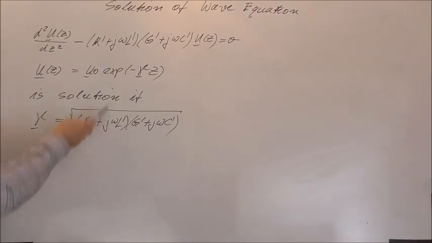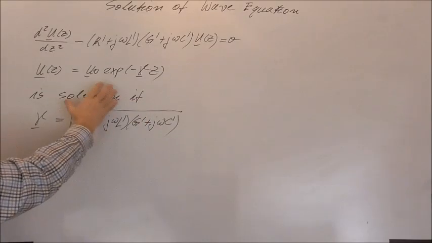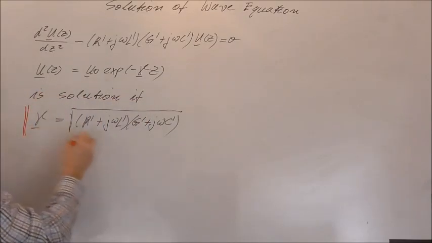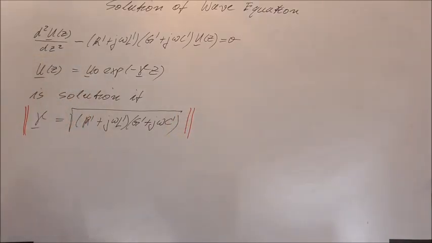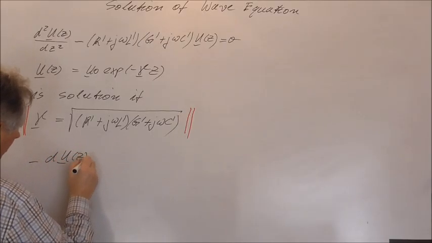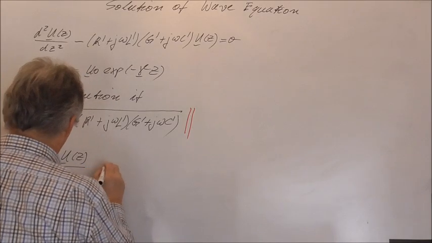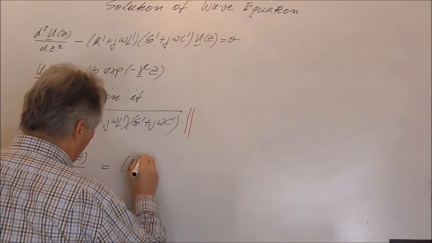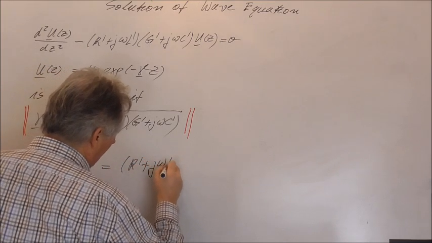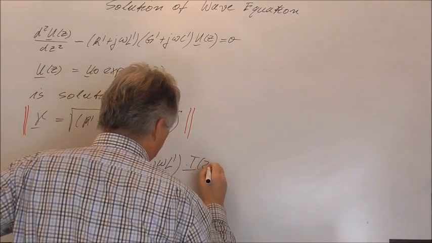What we found up to now is this differential equation, and we saw that this function is a solution if gamma is chosen according to this equation. And we know, for example, that the derivative of the function u(z) with respect to the z coordinate is given as (R' + jωL') times I(z).